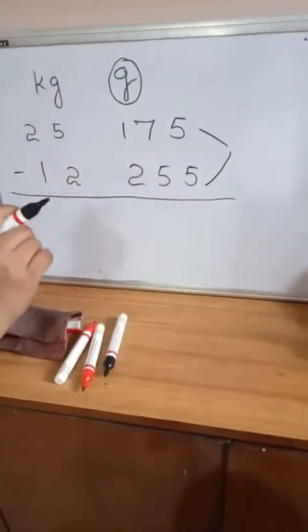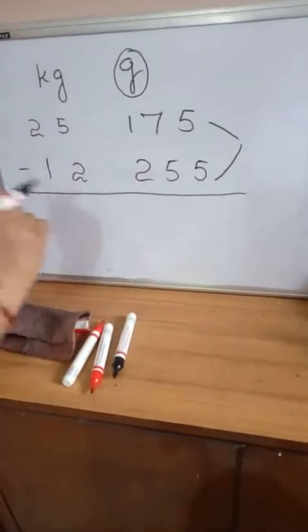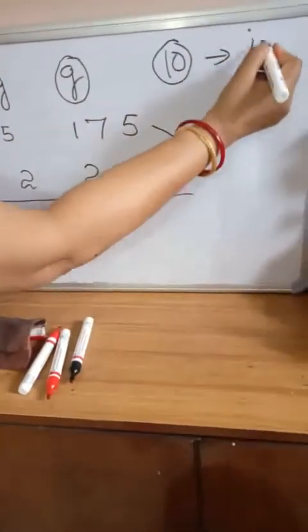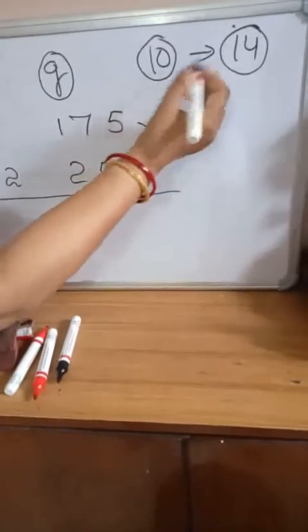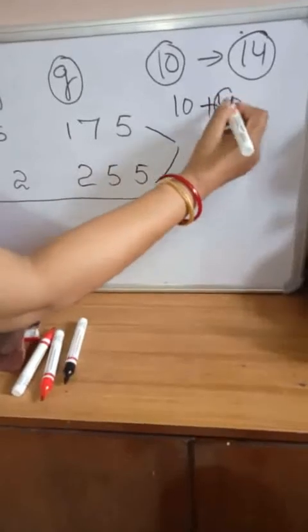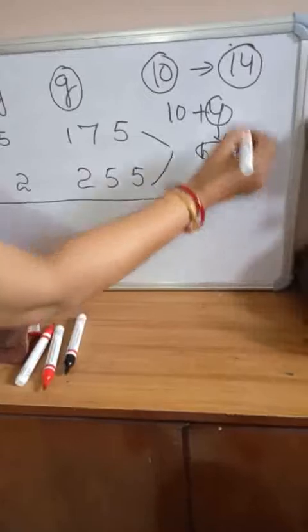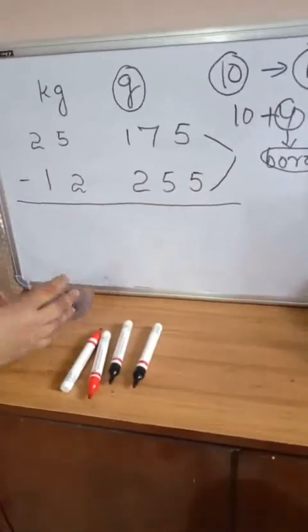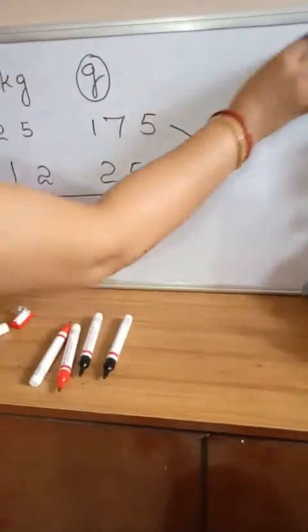You have to borrow 4 rupees more. Similarly, here 255 can't be subtracted from 175.